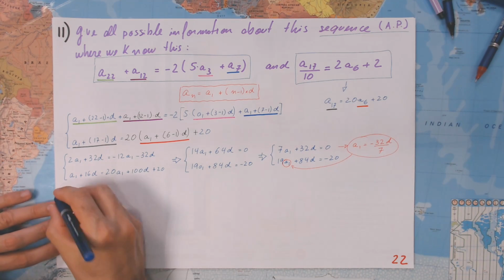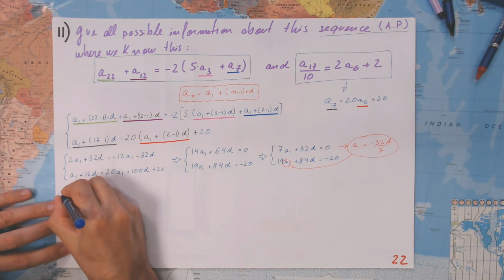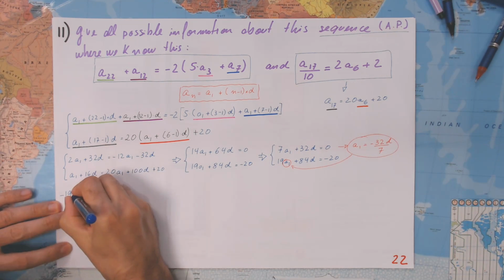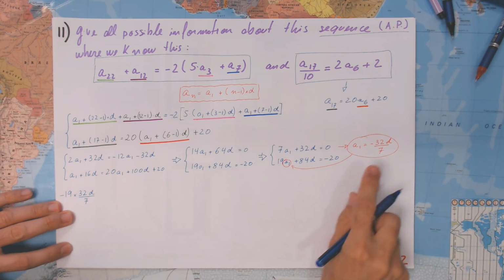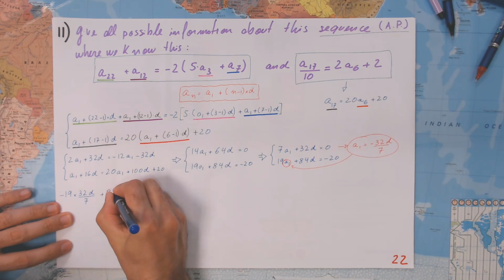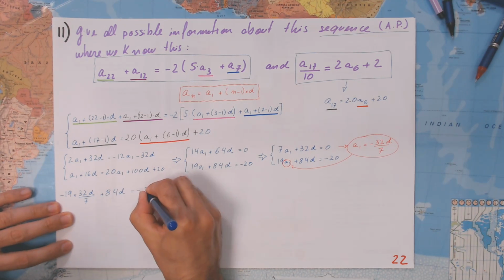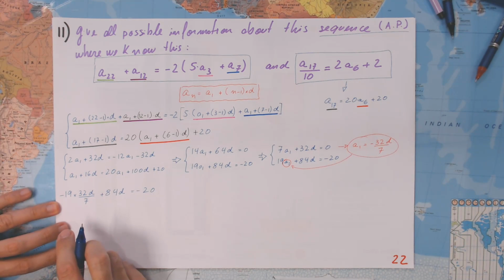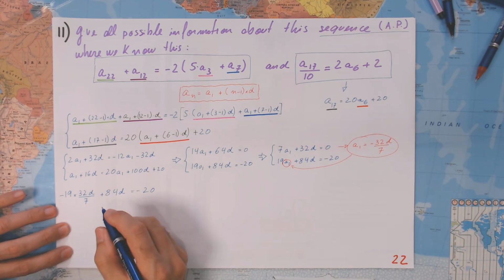Now this is going to be minus 19 times 32D divided by 7, plus 84D, this should be minus 20. Now let's multiply everything by 7, so we just get rid of this 7, and this is going to be what?